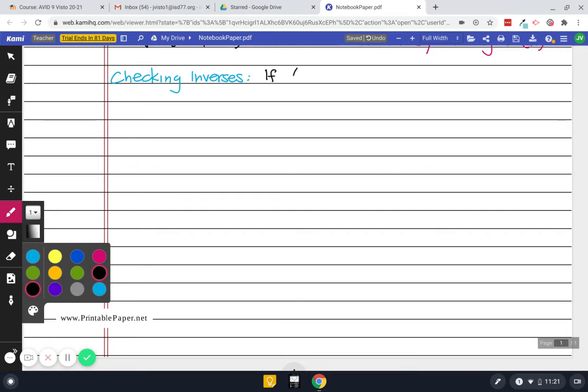If f of g of x equals x and g of f of x equals x, then f and g are inverses. So if you fog it and you goff it, and they're both x, they're inverses. So let's check this out.